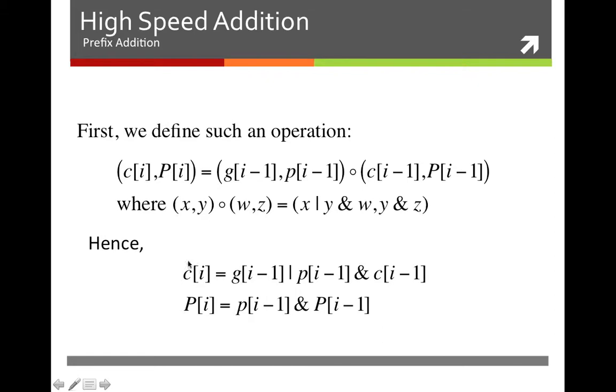So you can see that if you just substitute this expression, you will have G sub i or P sub i times G sub i minus 1 or P sub i minus 1 times C sub i minus 1, which is what is ANDed together. And of course, the capital P sub i will be the product of the second terms, that is, lowercase p sub i minus 1 multiplied with uppercase P sub i minus 1. That's what gives you P sub i, uppercase.